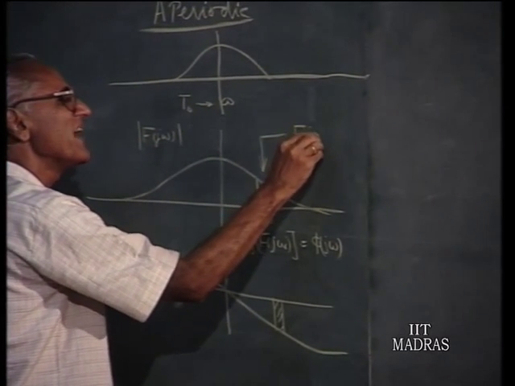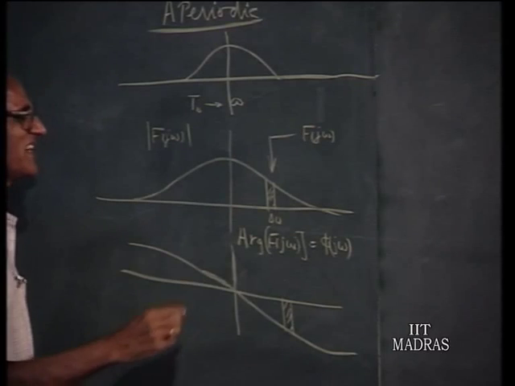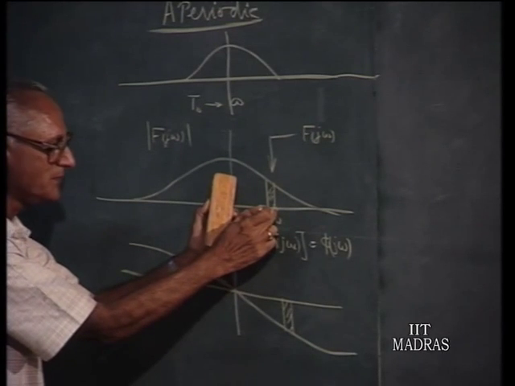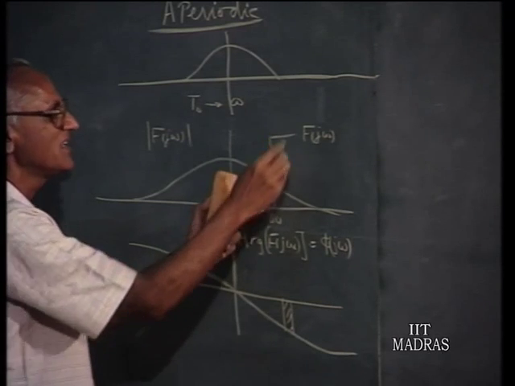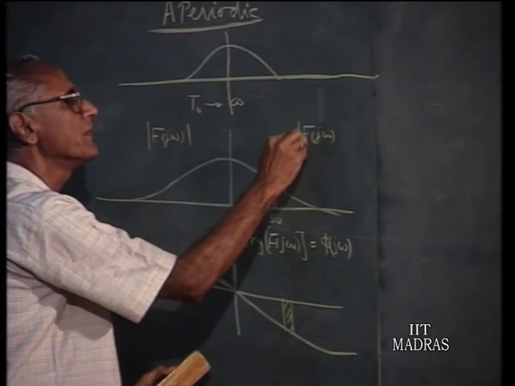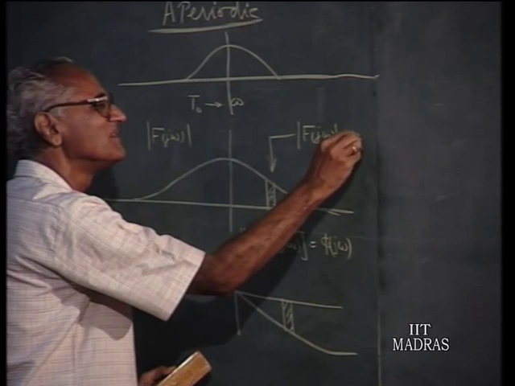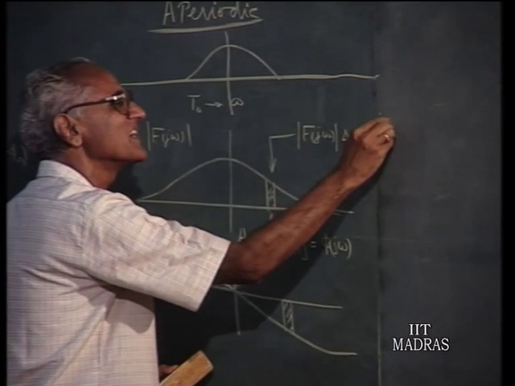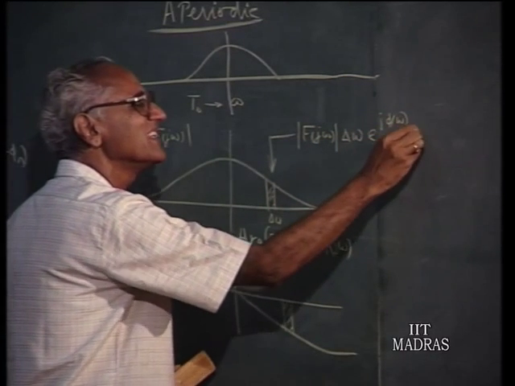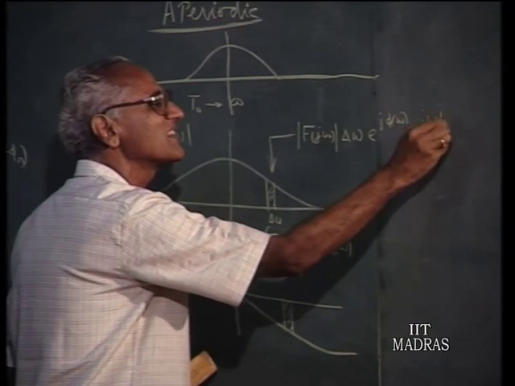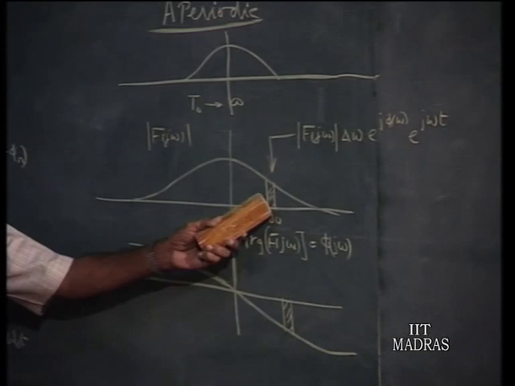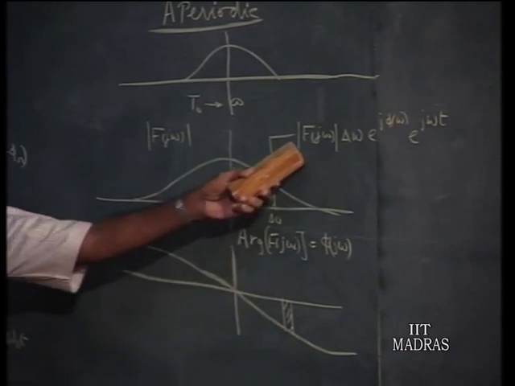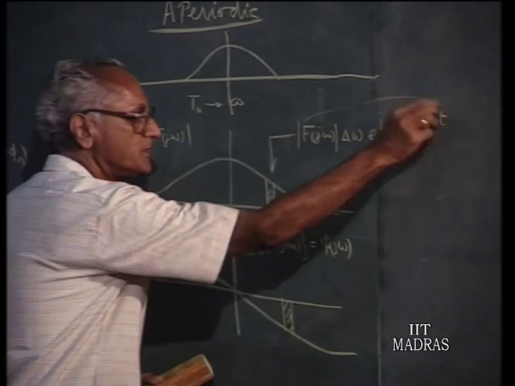F of j omega magnitude, this is the coefficient density. That means over this interval of frequency, the density at the center is F of j omega. Therefore, the total magnitude is F of j omega magnitude times delta omega. It has a phase e to the power of j phi omega, and then the exponential representation of the function of time is e to the power of j omega t. So, this magnitude and this phase together will give rise to this function of time.